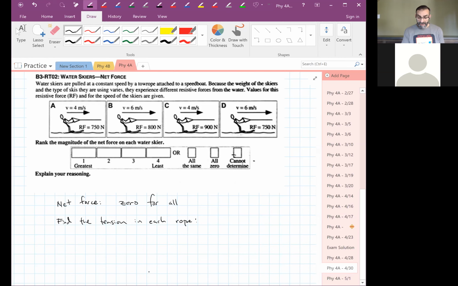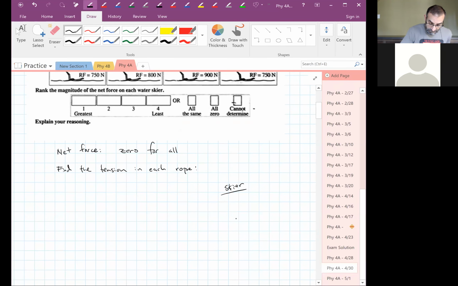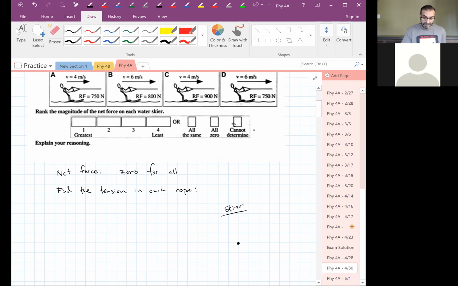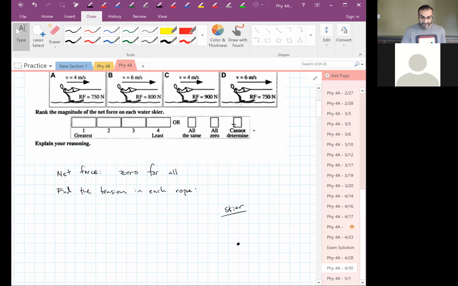Let's draw a free body diagram for the skier. So what's touching the skier?